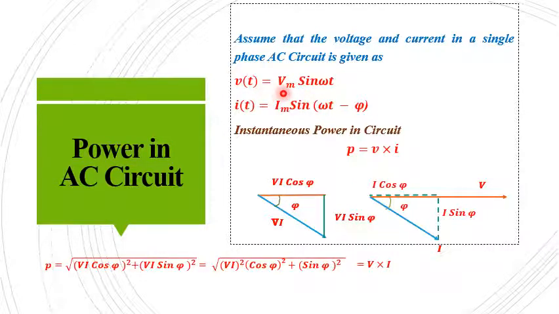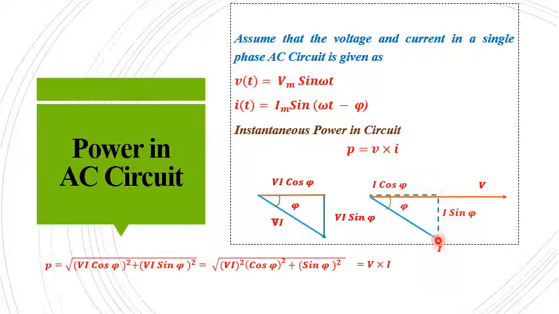Since the voltage phasor is Vm sin omega t, I am taking it as the reference phasor and it's drawn horizontal. This is your voltage phasor. Then the current phasor is lagging the voltage phasor by an angle phi. Lagging means you have to draw the phasor downwards. So by an angle phi, this is my current phasor.